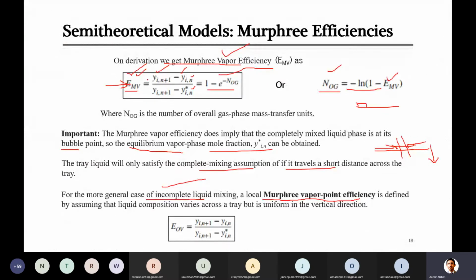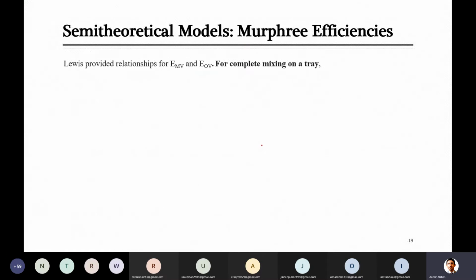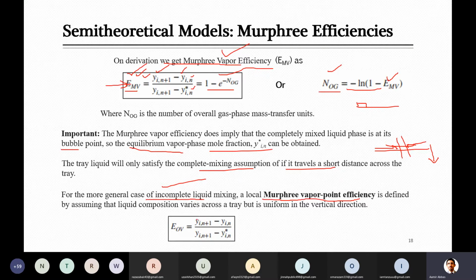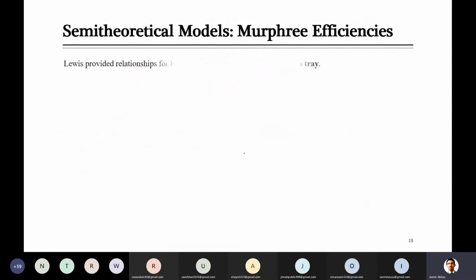That equation is similar to the above one, but here you will be considering a small portion, a small part, and looking for its value, because if there is more than one part, you can find the values of the mole fraction on the surface of the tray at various points, and can find a number of these vapor point efficiencies.